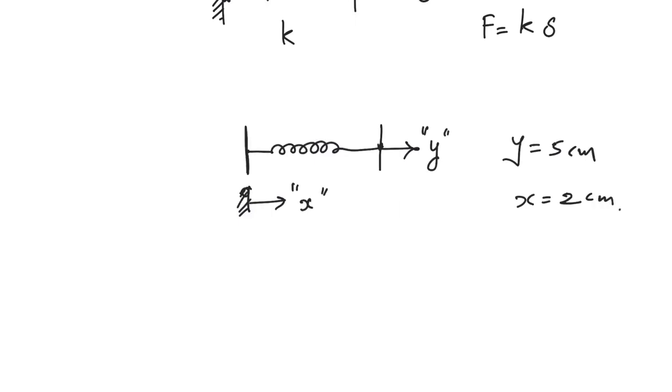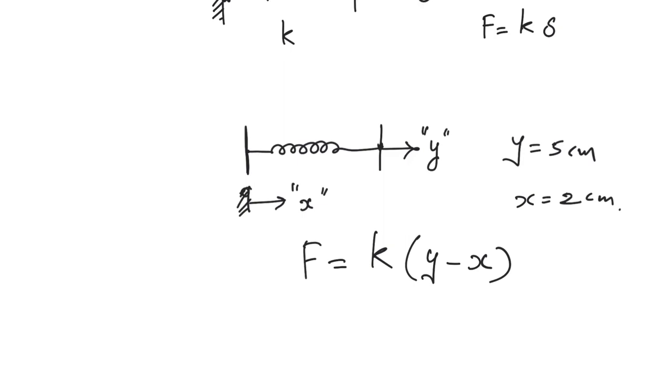Now again the same question. What is the force in the spring for this particular state, in which, compared to the first case, this end is no longer fixed? It has a displacement x. Then the force in the spring will be K times the relative displacement, which is y minus x. Make sense?